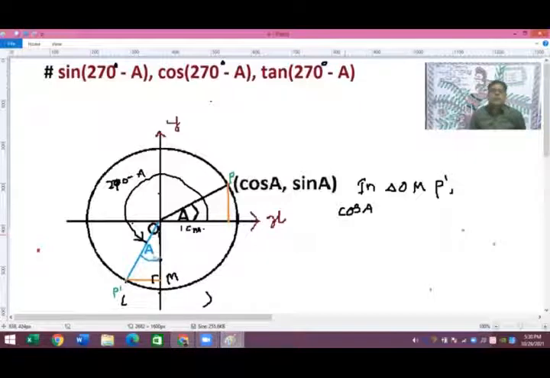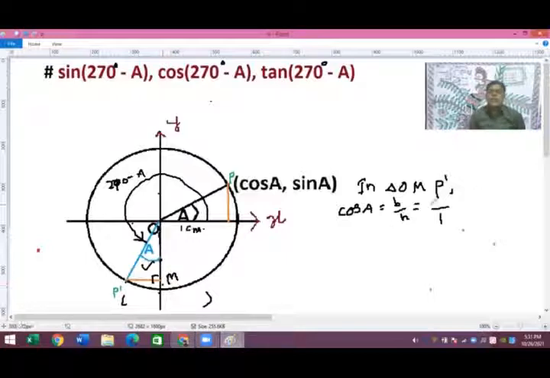Okay, so here let's start from cos or sine, whatever you like. So cos A means we are talking of this angle A in this triangle. So cos A is base by hypotenuse, and the hypotenuse is the radius of the unit circle again, so the hypotenuse must be 1 here. For this angle A, the base is OM, and OM is along the y axis.